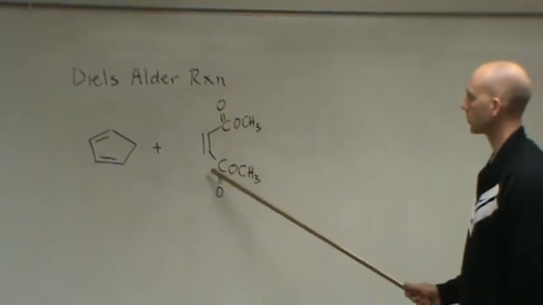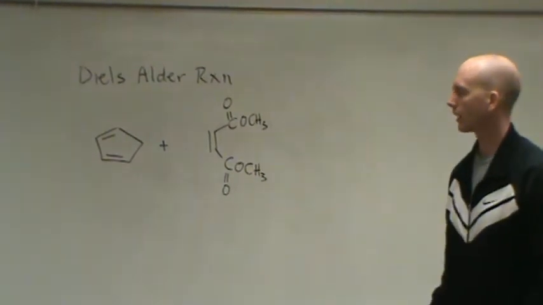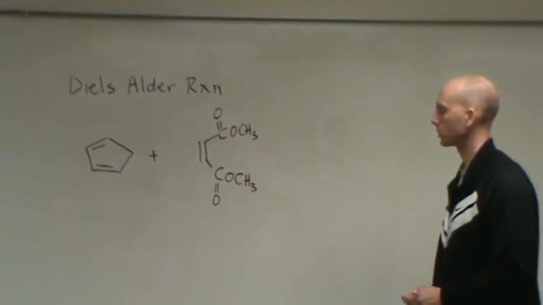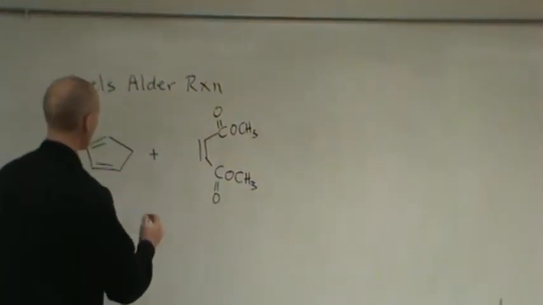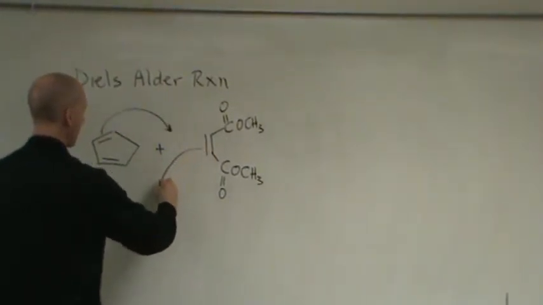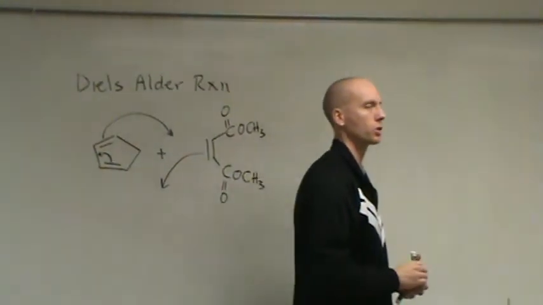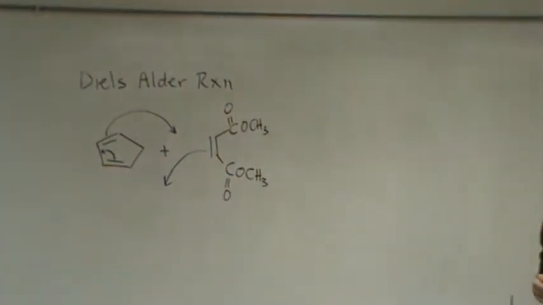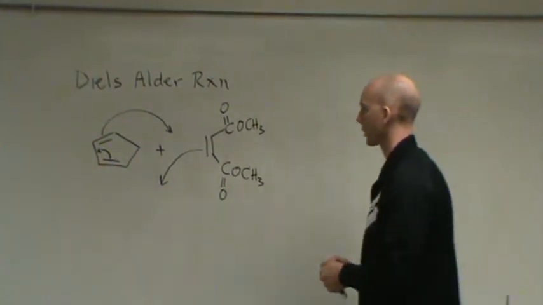Okay, carbonyls this time, or cyano groups that we saw the last two times, can act as nice electron withdrawing groups. So what do we do here? Well, we do the exact same thing. We form a bond here, we form a bond here, and those electrons go there. So it's the exact same thing that we did last time. So let's draw the structure.